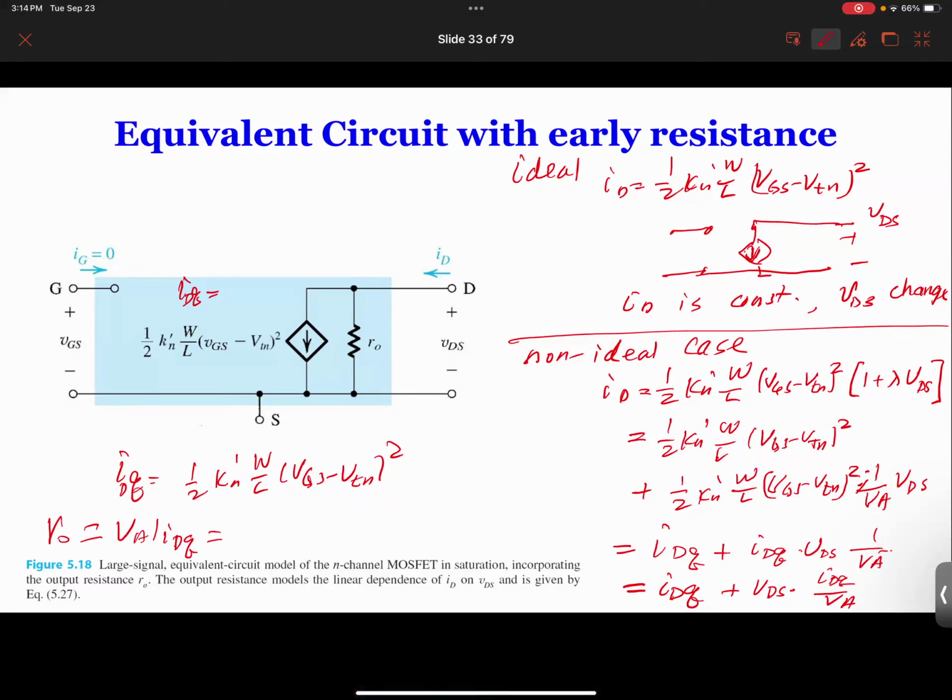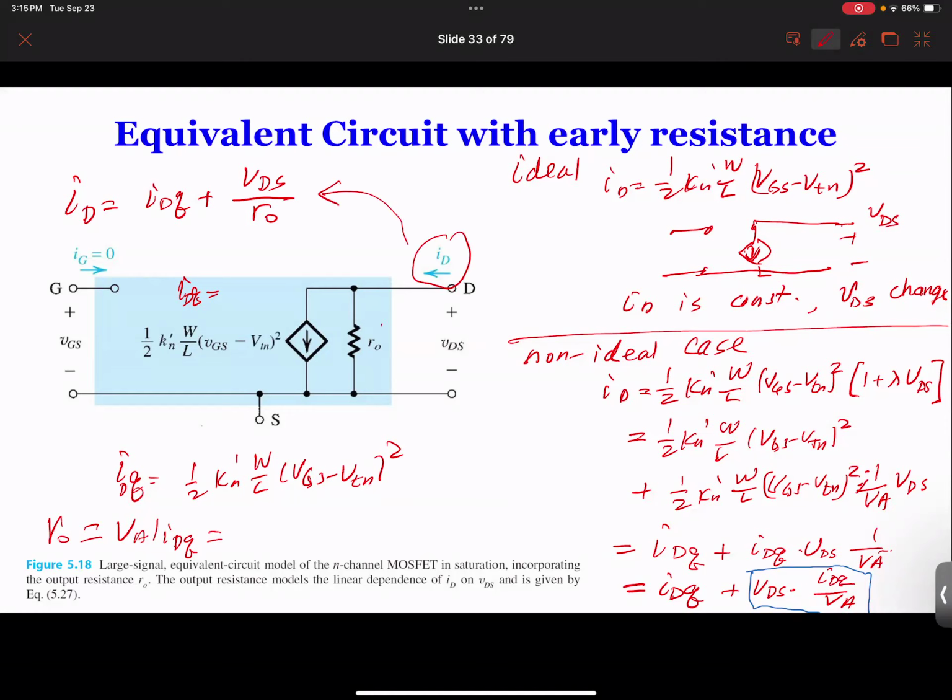Then we can plug in this RO in that expression: ID is going to be equal to IDQ plus VDS over RO.